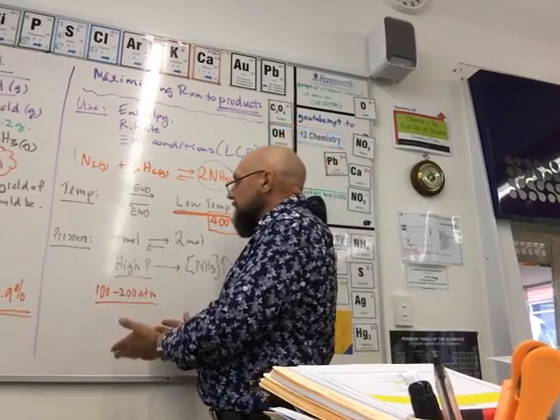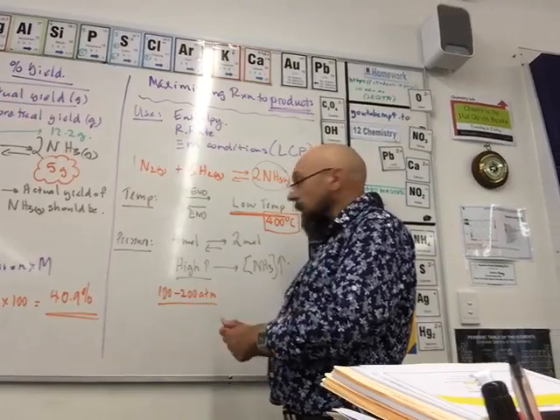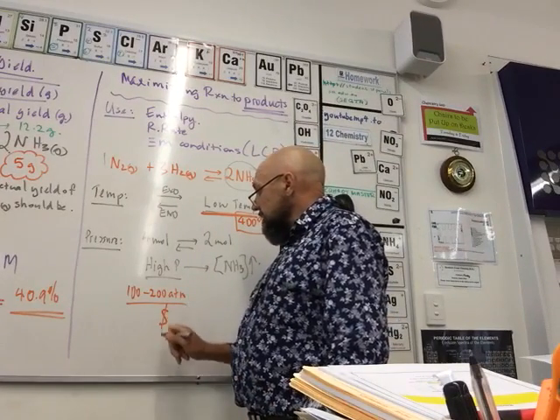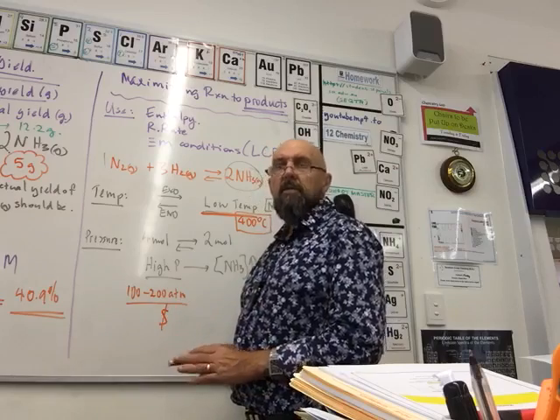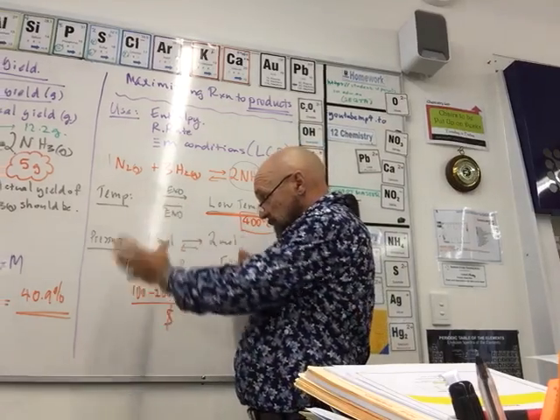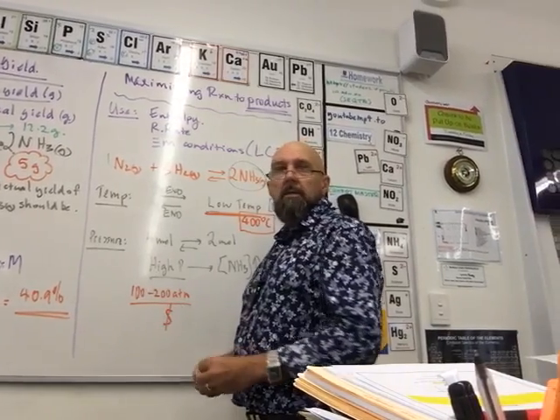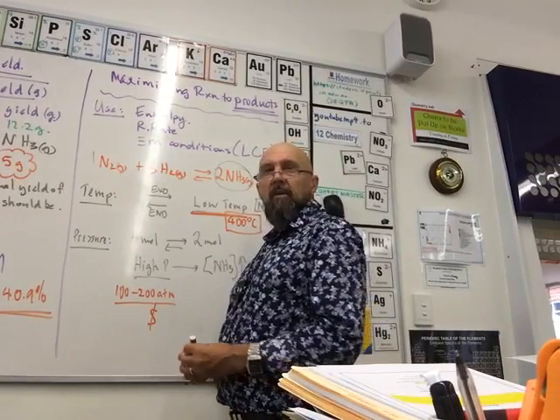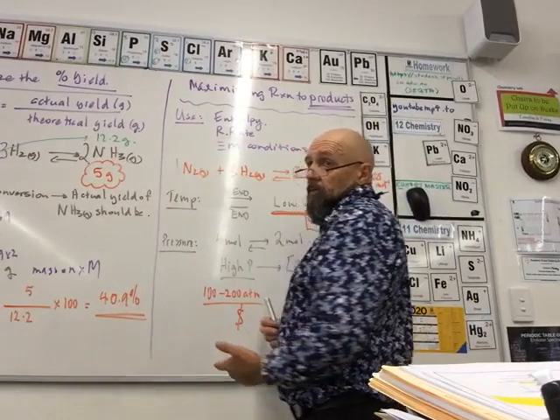Let's go the highest pressure we can, still trying to be safe, and also still trying to be cost efficient, because that means the industrial plant used to make ammonia would not be something you can go and get at Bunnings. It would have very, very special engineering requirements to meet that really high pressure.